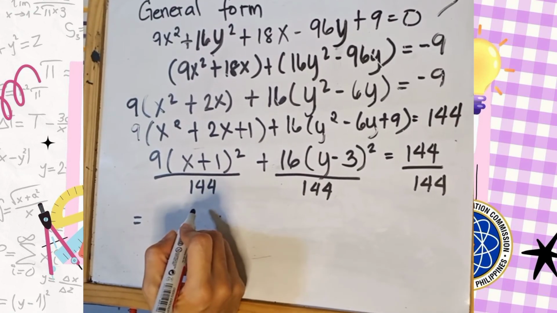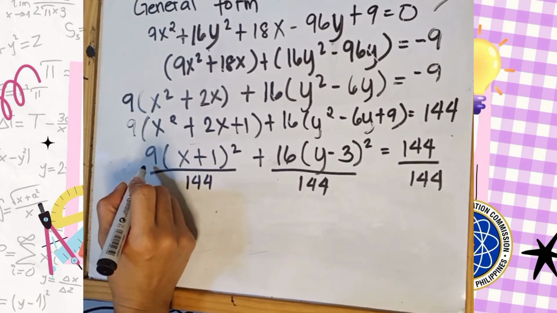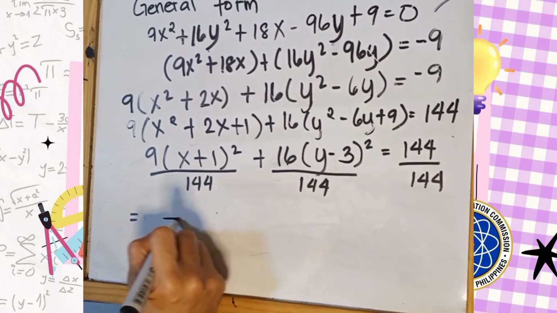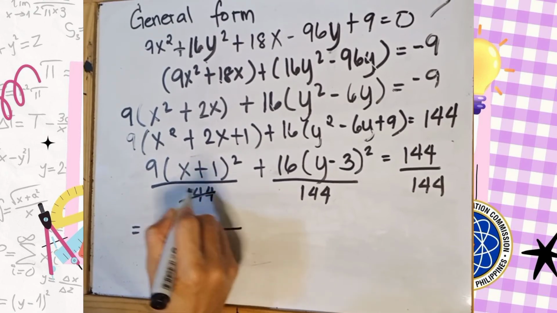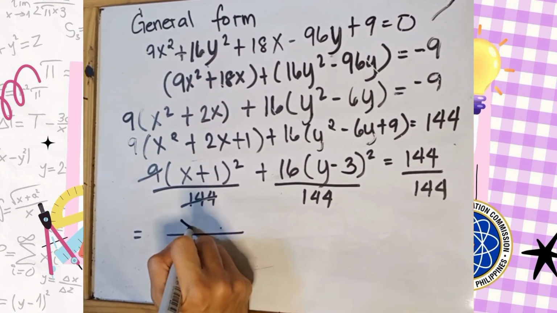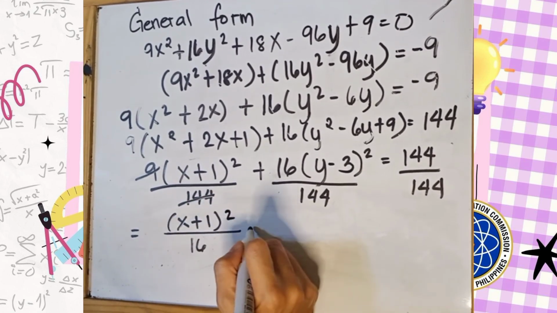Okay, so let's now simplify our answer. So, 144 divided by 9 times x plus 1 squared. So, that is 144 divided by 9. So, that is 16. And then, our numerator is x plus 1 squared.